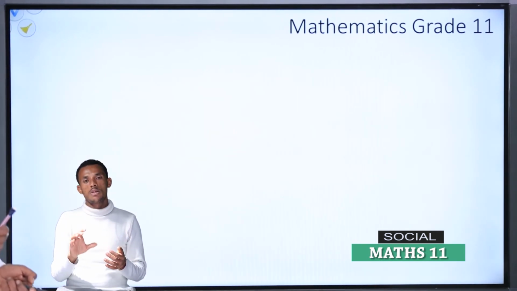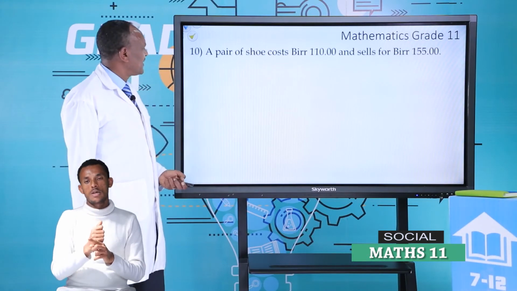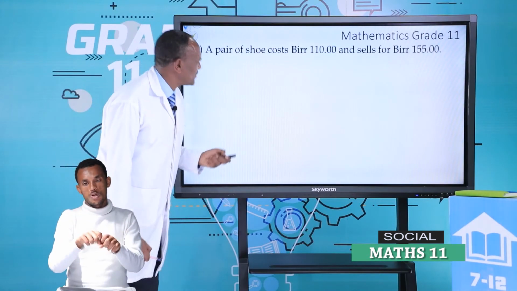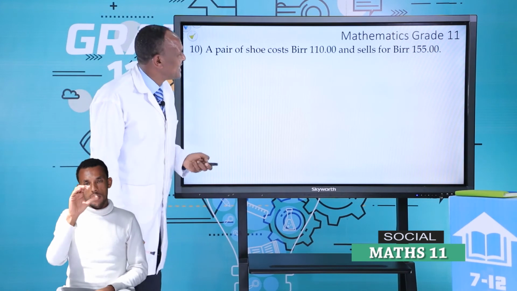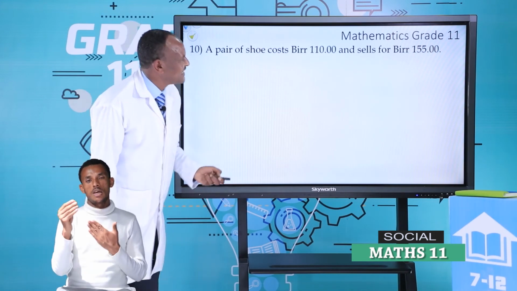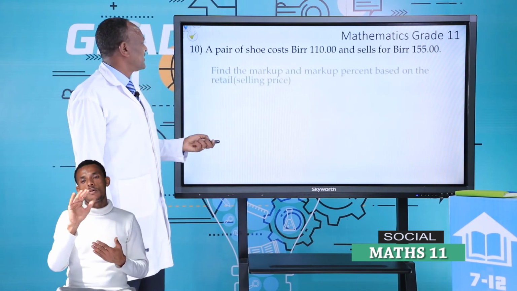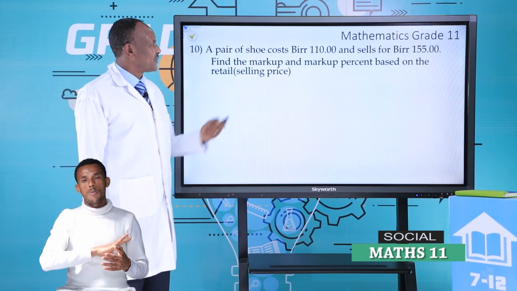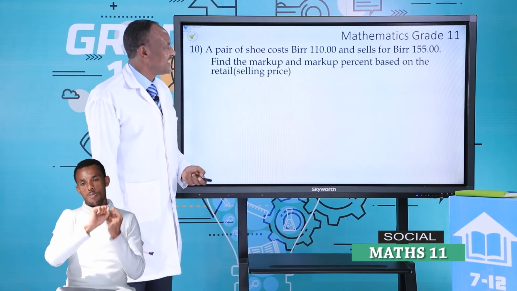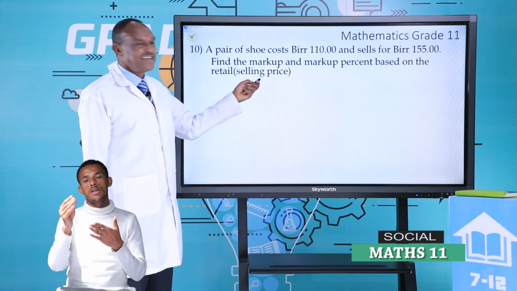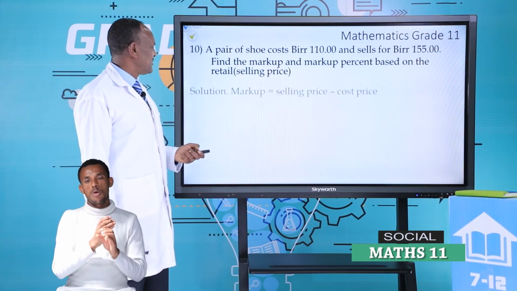Take the other exercise also. A pair of shoes costs birr 110 and sells for birr 155. Find the markup, which means profit, and the markup percent based on the retail selling price. So this could be calculated.